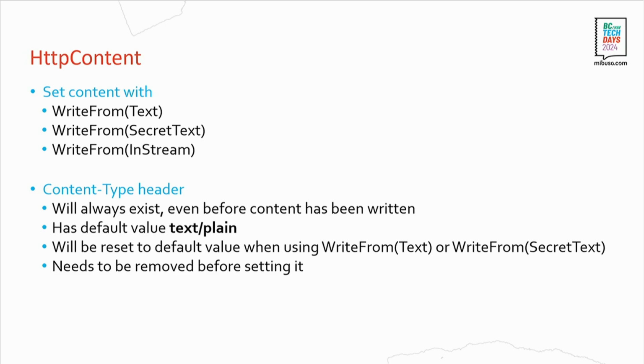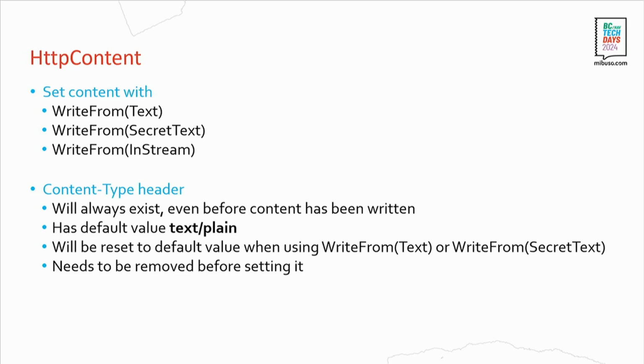So they're instantiating the string content with text plain as the default header. As soon as you define HTTP content, now you know that in the background you actually have an HTTP string content with header text plain. That is why it happens.